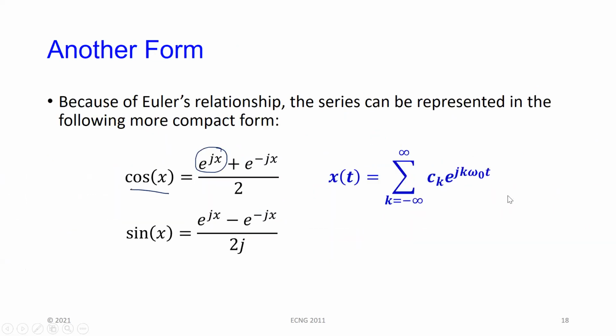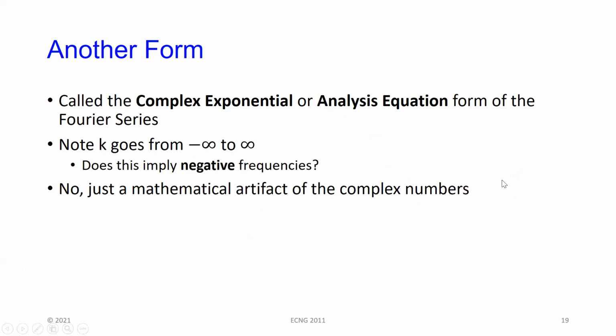And when we do that, we get a form of the Fourier series that looks like this. x(t), which is the periodic signal, can be expressed as a sum of coefficients times e to the j k omega naught t. This is what we call the complex exponential form, or the analysis equation of the Fourier series.